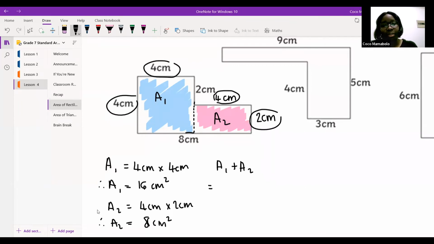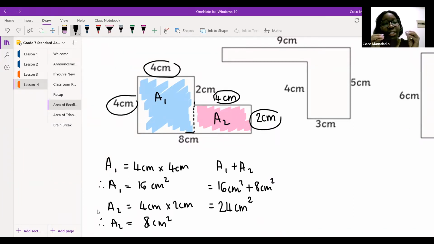And area 1 plus area 2 is 16 centimeters squared plus 8 centimeters squared, which is equal to 24 centimeters squared. Nondumiso, we are not going to allow you to just write 24. No, you need to write out area is equal to, or A is equal to 24 centimeters squared.